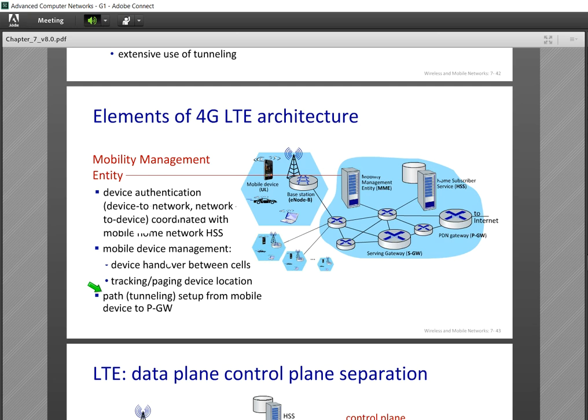Creating this path is part of the task that should be done by the PGW. Over the PGW, we try to set up that tunnel or path between the caller and me.